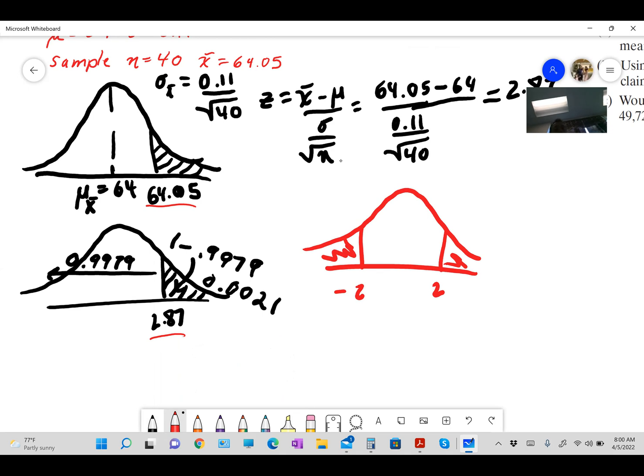So we would say that the measurement of 64.05 is too far away from the mean to be purely by chance. There is a 0.0021 probability of it being there or higher. But when we cross the threshold of 2 standard deviations or higher, or negative 2 standard deviations and lower, we start saying, hey, there's something fishy going on around here.